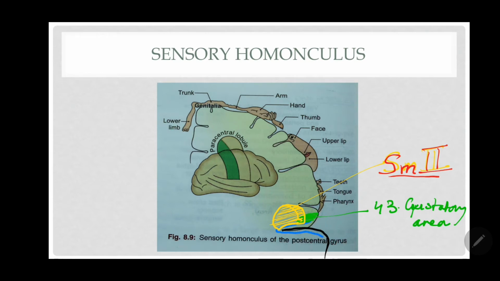This area is the secondary sensory area, and it receives bilateral sensations from both sides of the body. But the postcentral gyrus, the primary sensory area, mainly receives sensations from the opposite half of the body, including the face also. Got it? Okay.